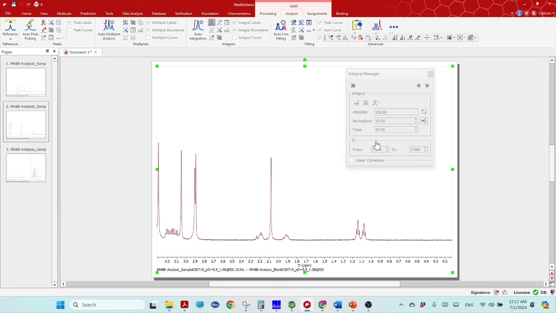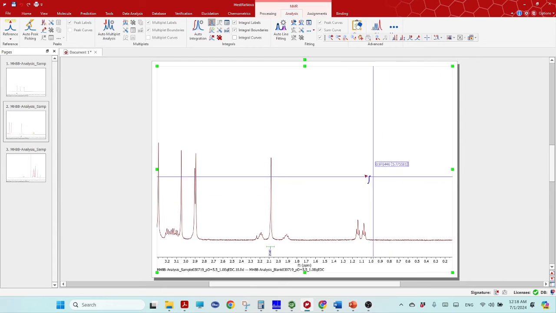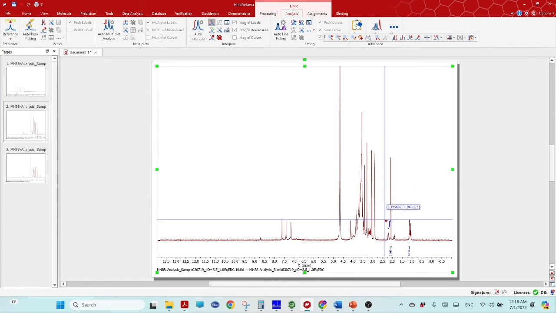Now we do the integration, this peak again as 1, and we edit this peak to 25, and then based on that we will integrate the other peaks. Let's zoom in first, then it will be easy to understand.